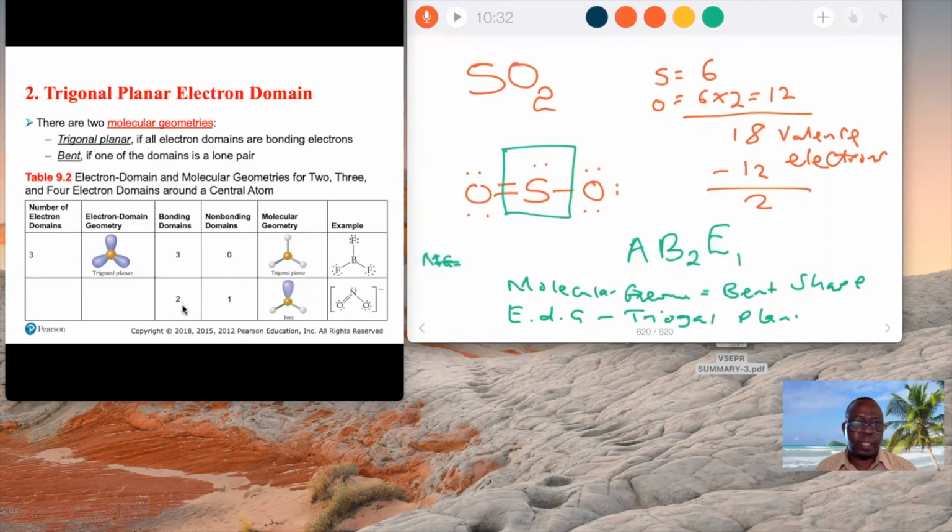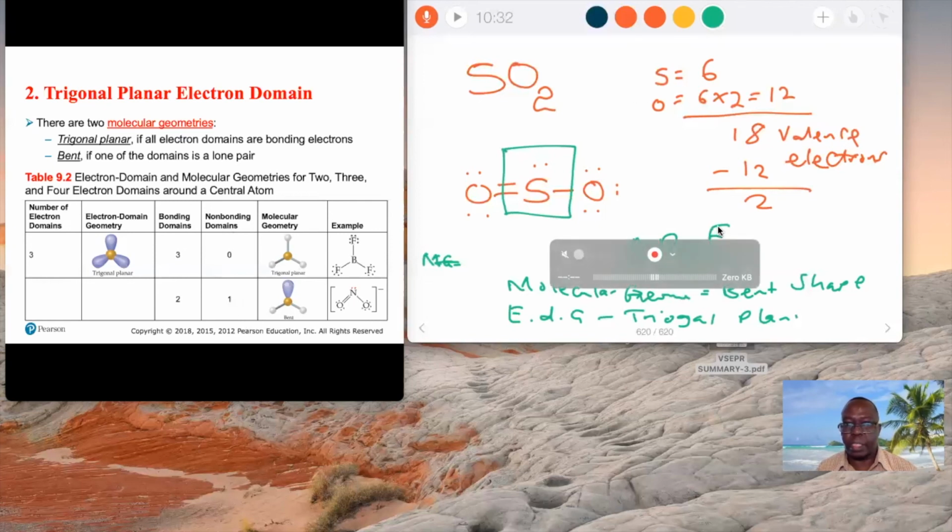So sulfur dioxide, which is what we have here, has 2 bonding domains, and there is one non-bonding domain. This is electron pair E1.